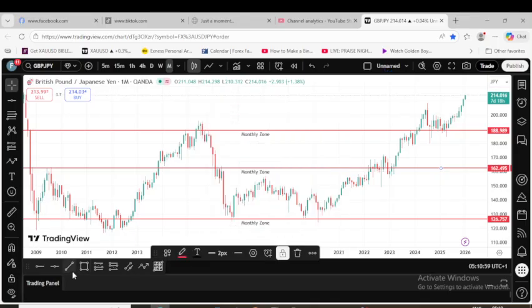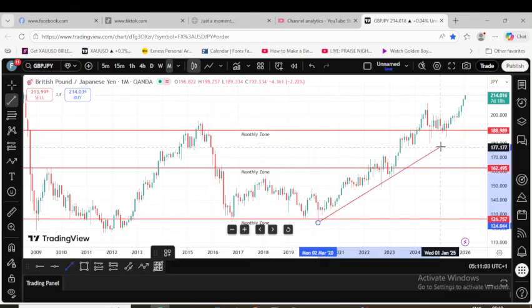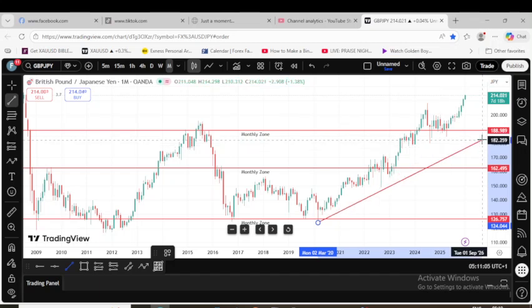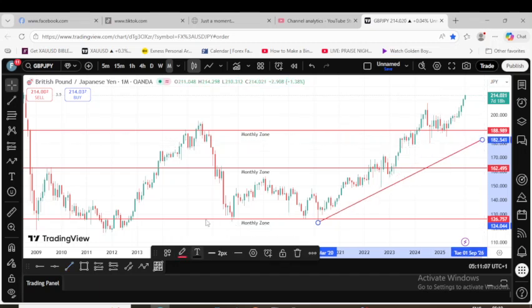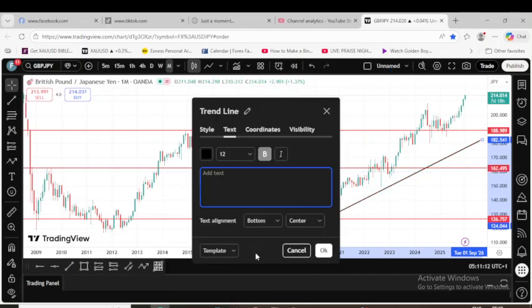We can actually also draw a trend line from here to here. It's a monthly trend line. Why am I bothering to draw my monthly trend lines?